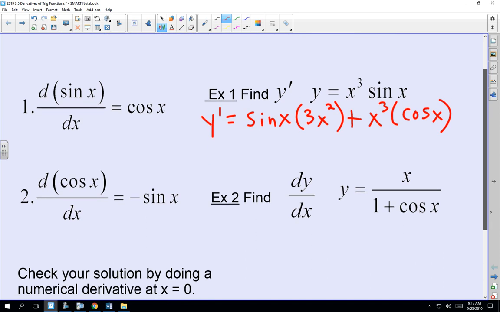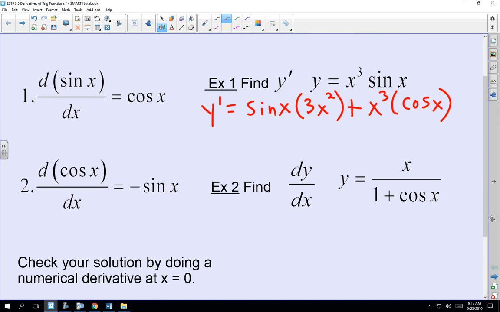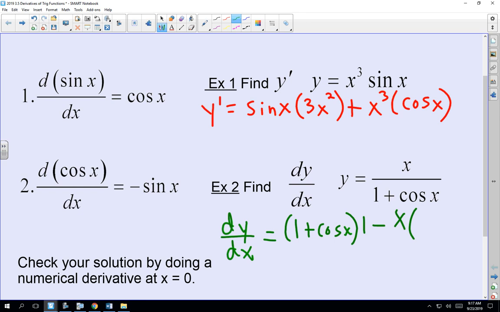So the next derivative, we would group these two together, is derivative of cosine is equal to negative sine of x. And we're going to use that combined with the quotient rule on this next one. So dy/dx is equal to, by the quotient rule, the bottom function times the derivative of the top, and the derivative of x is 1, minus the top function x times the derivative of the bottom.